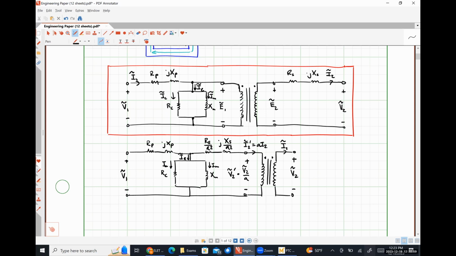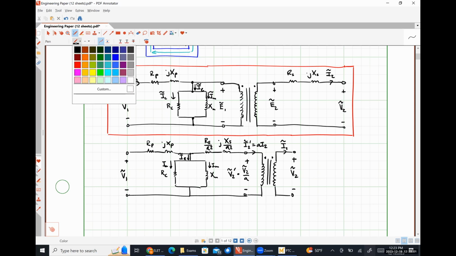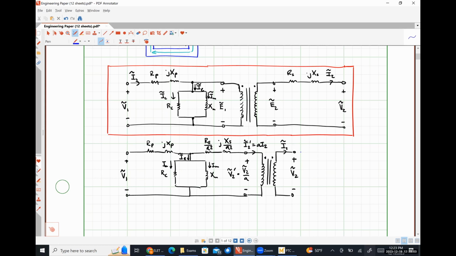So, for example, if I had connected some load impedance ZL across the terminals of the secondary, I could refer that impedance across the terminals of the primary.